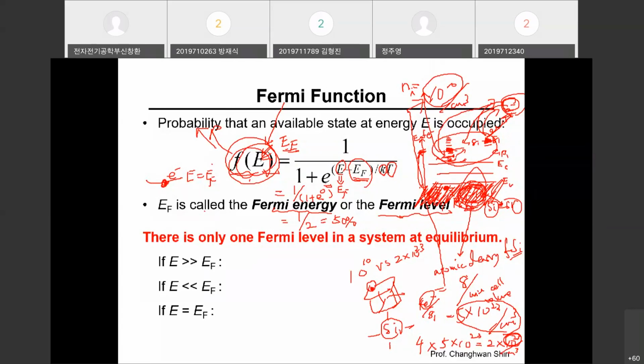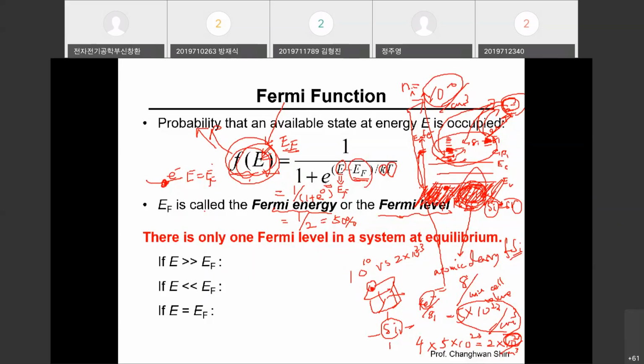Even though I'm talking about 10 billion electrons in the conduction band, which will be the main player to flow current in semiconductor devices, the total number of electrons to build up the silicon crystalline material is 2 times 10 to the 23 per cubic centimeter. In that sense, the number of free electrons in the conduction band is nothing compared against the total number of electrons in the valence band.